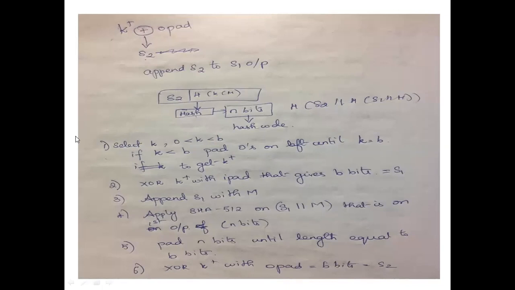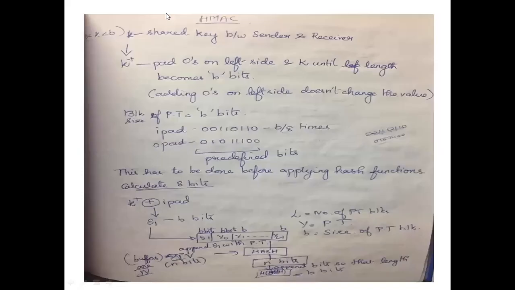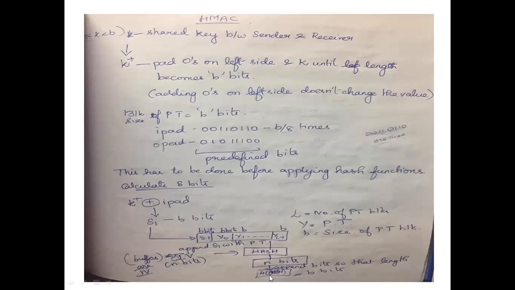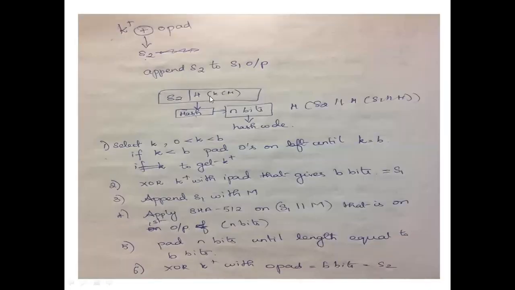In the second step, again the K plus is XORed with OPAD values, which we saw here, and you get an S2. This S2 is appended to the output of S1. What is the output of S1? The output of S1 is the hash code generated along with the message using a key.